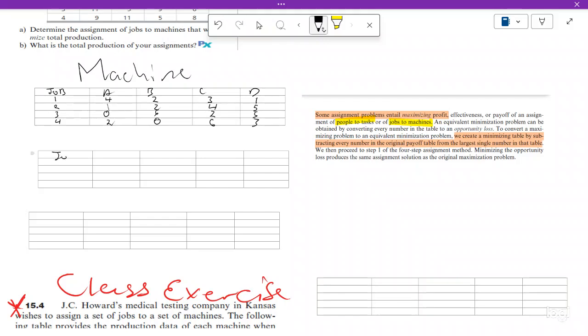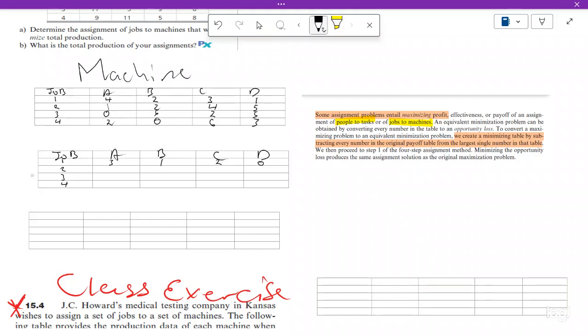Now, jobs A, B, C, and D, and 1, 2, 3, 4. What is the smallest value horizontally on line A? 0, 2, 1, 3.